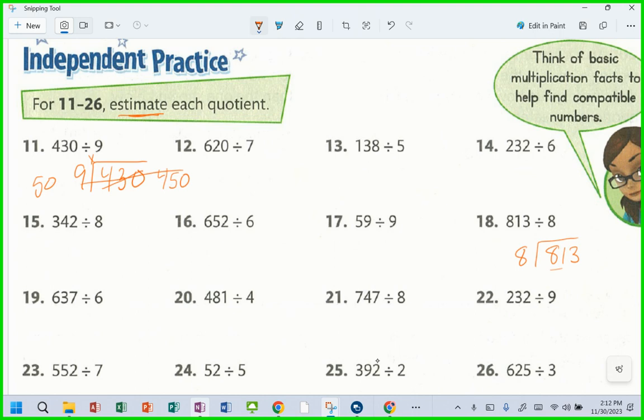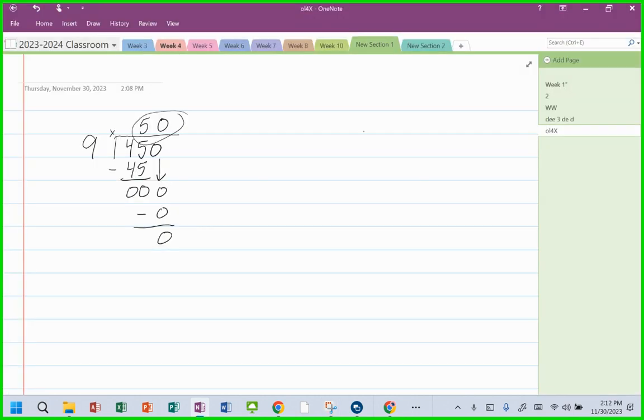So here's how I want that to look. 800 divided by 8. So we compare, we divide, we multiply, we subtract, and we bring down. All right. So let's do it.